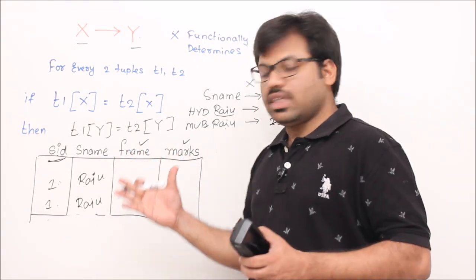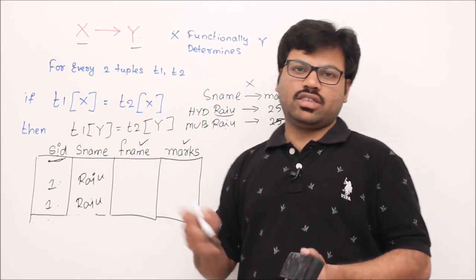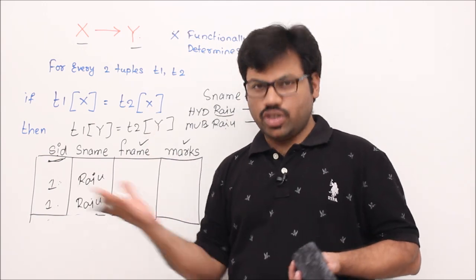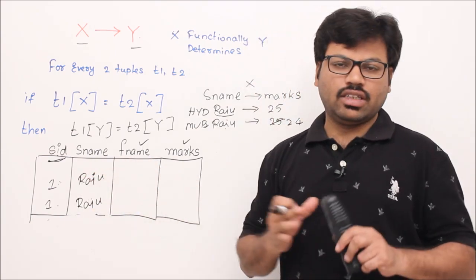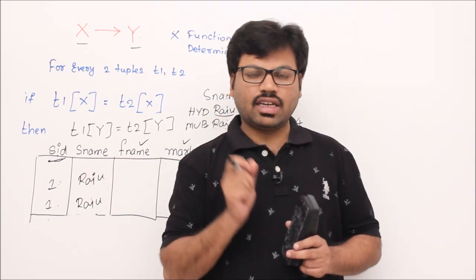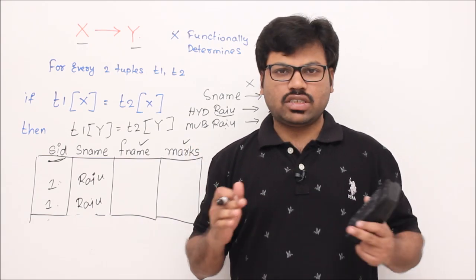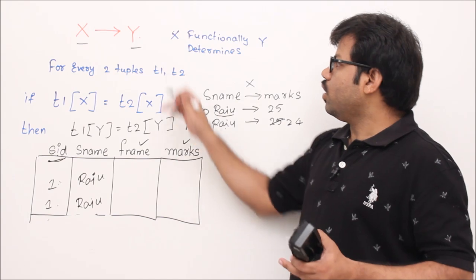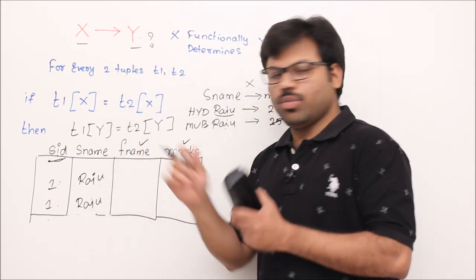So who is deciding everything? The subject expert. The subject here is students. If you know about students, you decide the rules. Otherwise, someone who knows about this data will decide the rules. As a database designer, let's say you are going to apply the normalization process. For that, you don't really need to know the functional dependencies in the table.